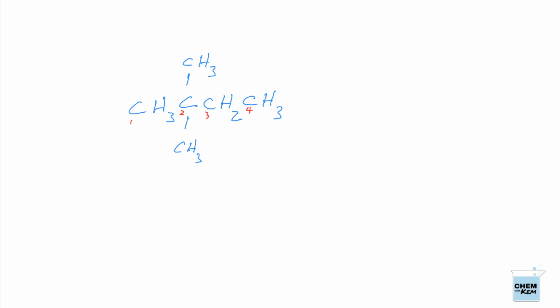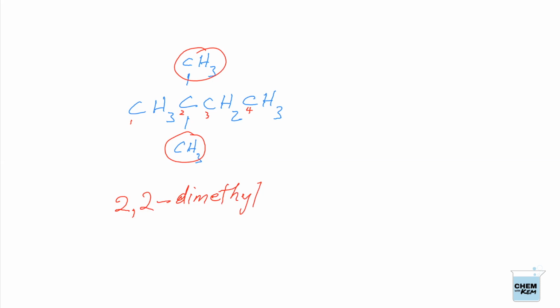Now this is interesting. We have a methyl on carbon 2 and a methyl on carbon 2 again. It doesn't matter if it's the same carbon, you still have to tell the location of each group. So you would say 2, and you'd put another 2, dash, then you say dimethyl.